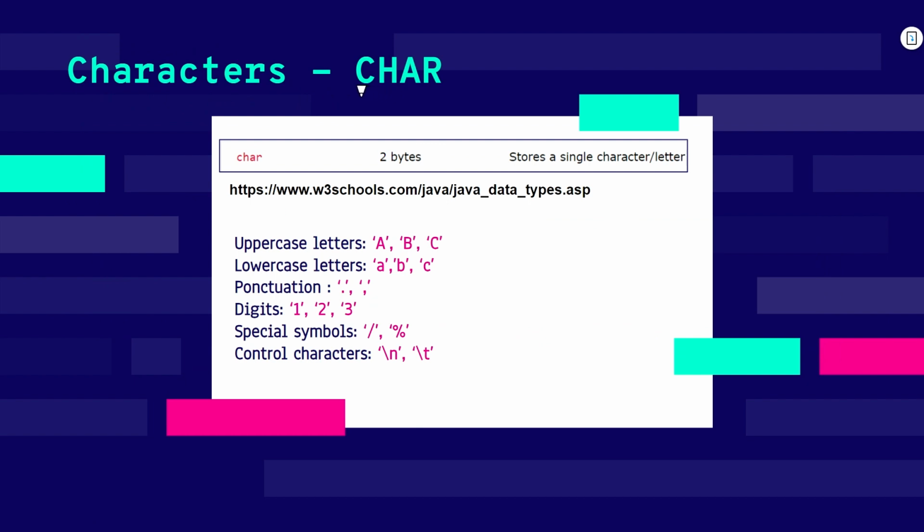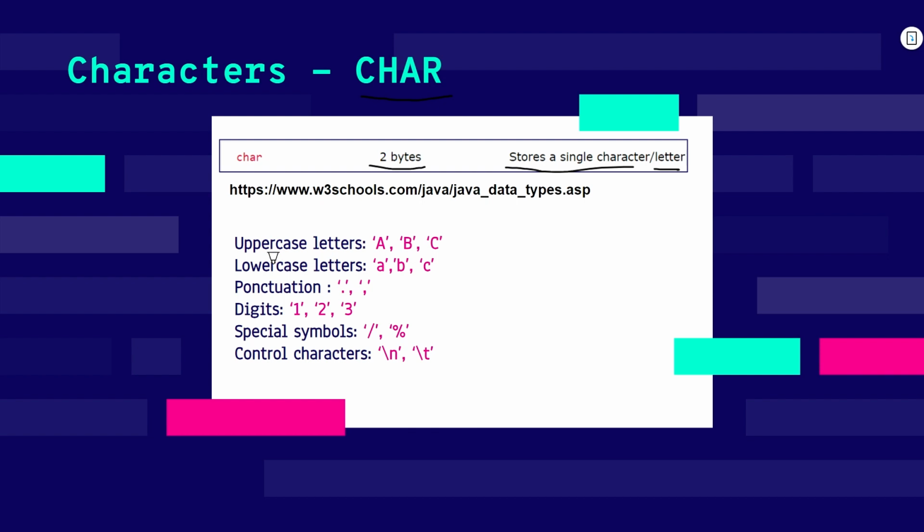The next primitive type that we're going to look at is the char primitive type. The char primitive type has a size of 2 bytes and it stores a single character or letter.